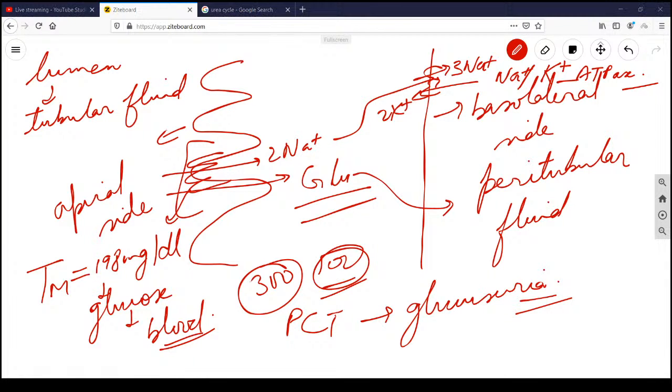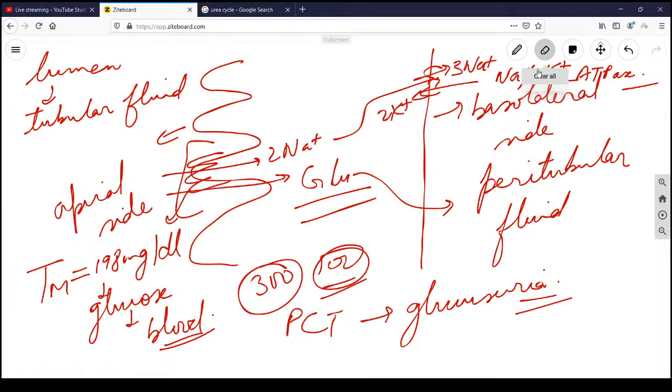Coming back to the next question: proximal and distal convoluted tubules are part of the nephron, not the vas deferens, oviduct, or seminiferous tubules.